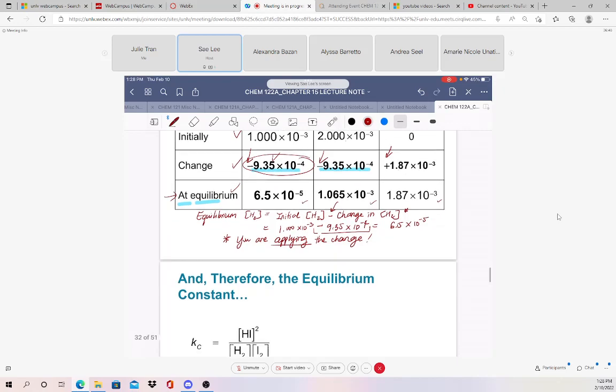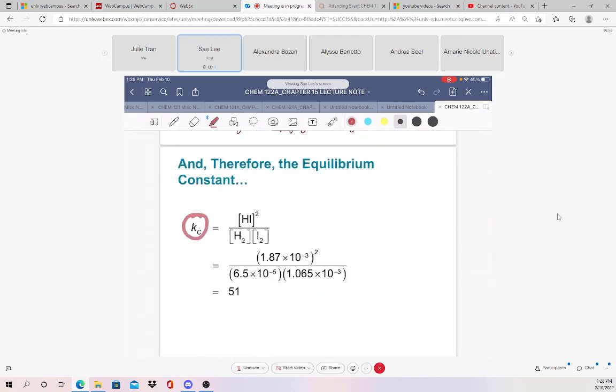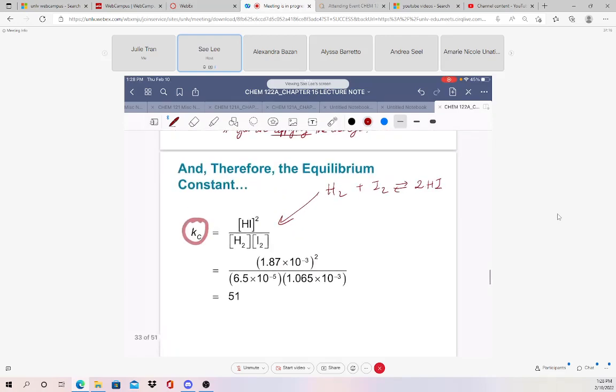Now that we have all three concentrations at equilibrium, we can calculate Kc. For this equation, your Kc formula is going to be this. You just plug in all the numerical values into this equation, and you will get a Kc value of 51. You can try this math by yourself at home.